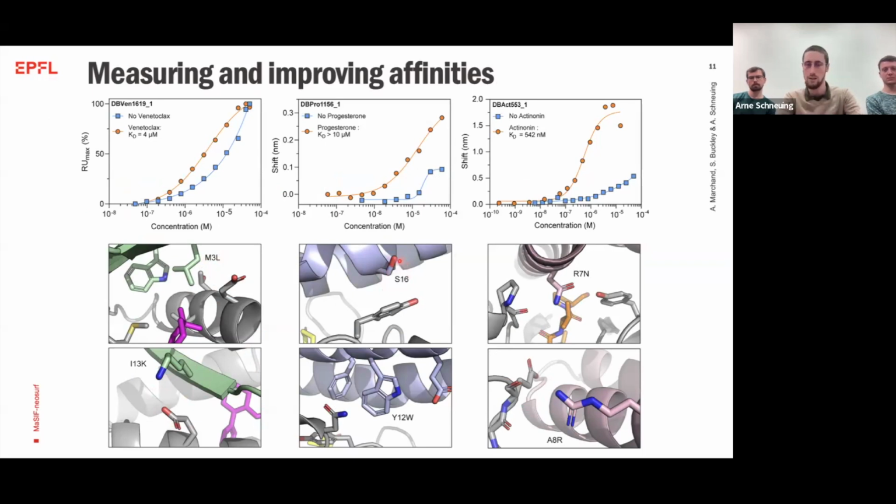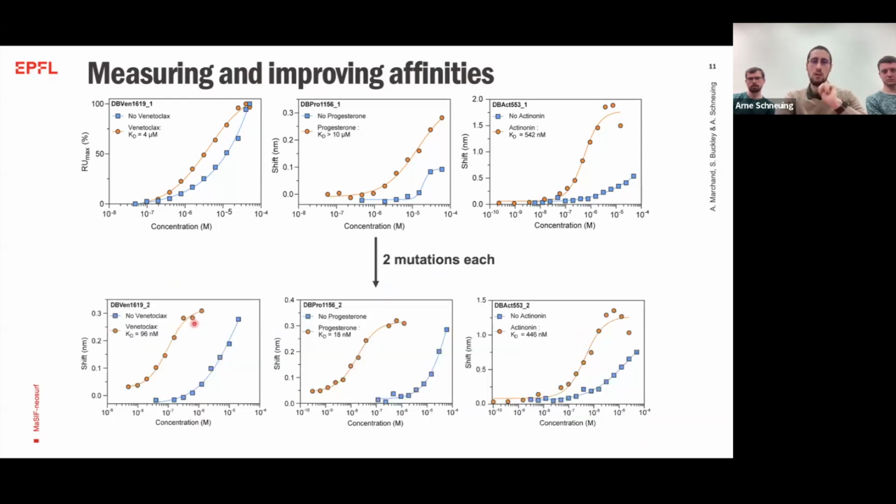So if you mutate it to glycine, you improve the affinity, or this methionine that was here before was too flexible and gets too much entropy. And if you put something that is a little bit more rigid, like a leucine, you get a better binding affinity.